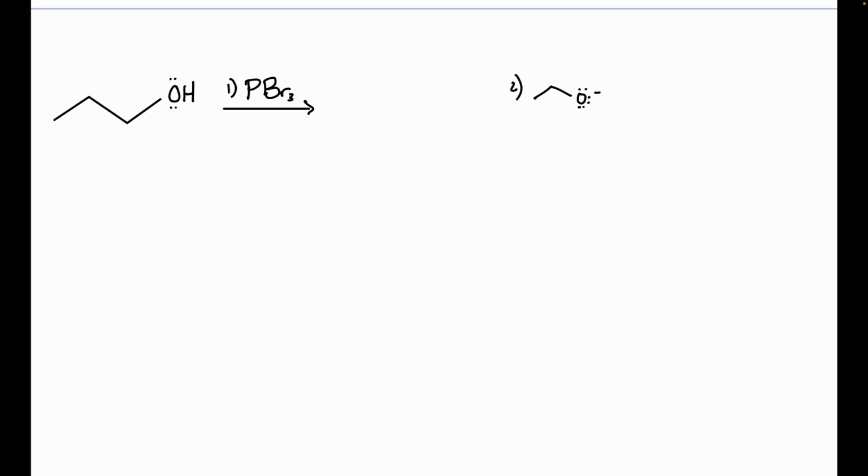All right, so I'm just going to break it up into steps here. That first step will convert that hydroxyl group into a bromine. And then I'm going to get my substitution reaction. Substitute that bromine for now this ethanoate over here, right?